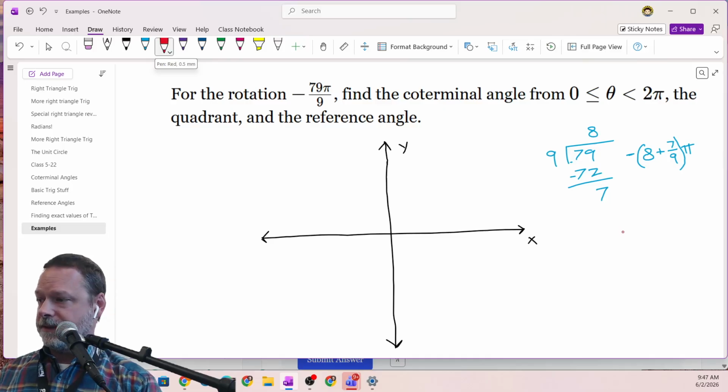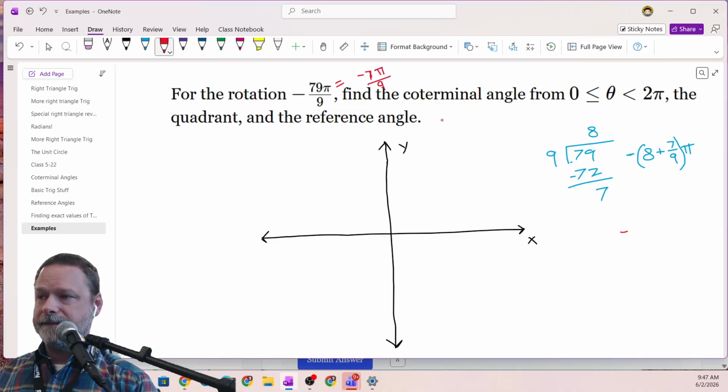So this angle is equivalent to negative 7 pi over 9, negative 7/9 pi, which is more than negative a half, but not quite negative 1. So we're in here somewhere.